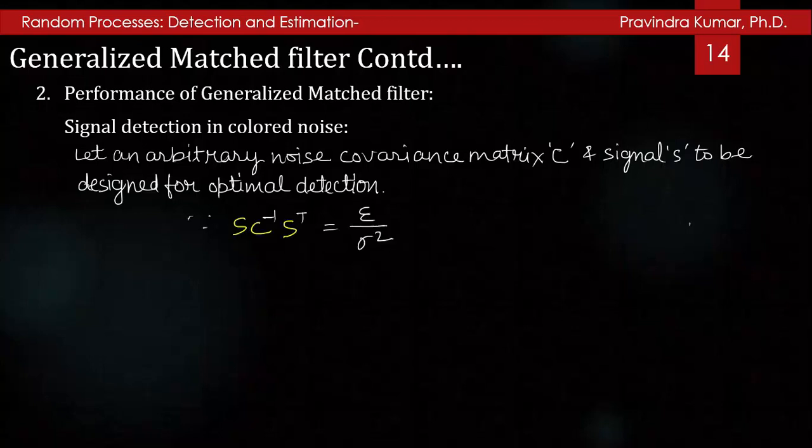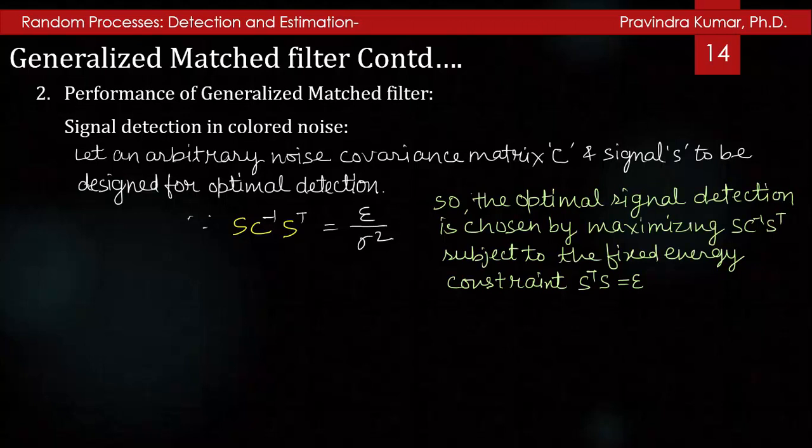S transpose S is equal to epsilon, where epsilon is the energy of the signal. So the optimal signal is chosen by maximizing S transpose C inverse S subject to the fixed energy constraint S transpose S equal to epsilon.